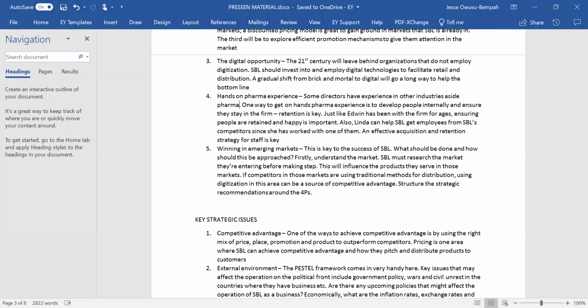Sorry, please, I have a question. The hands-on pharma experience: do you mean someone like, in the case of Gladys, who is a qualified pharmacist, or someone who knows about pharmacy, like chemicals, combinations, and so on?